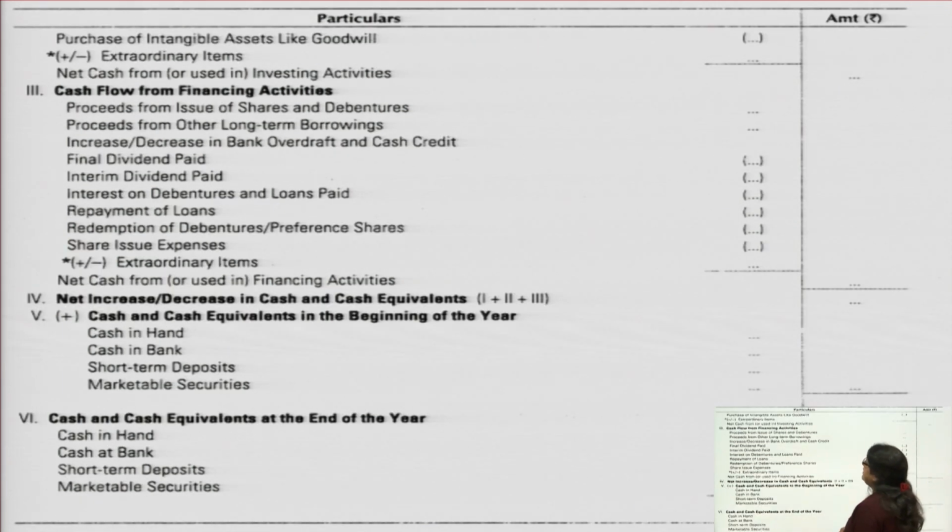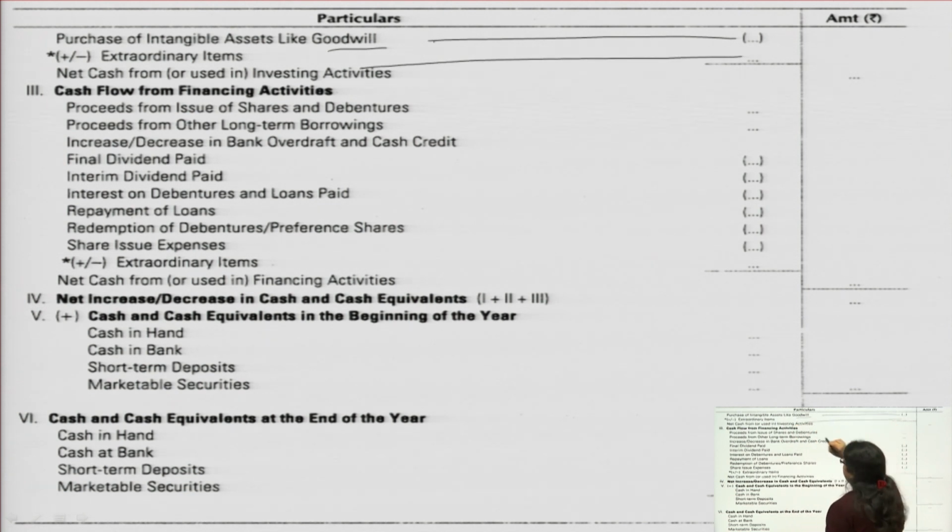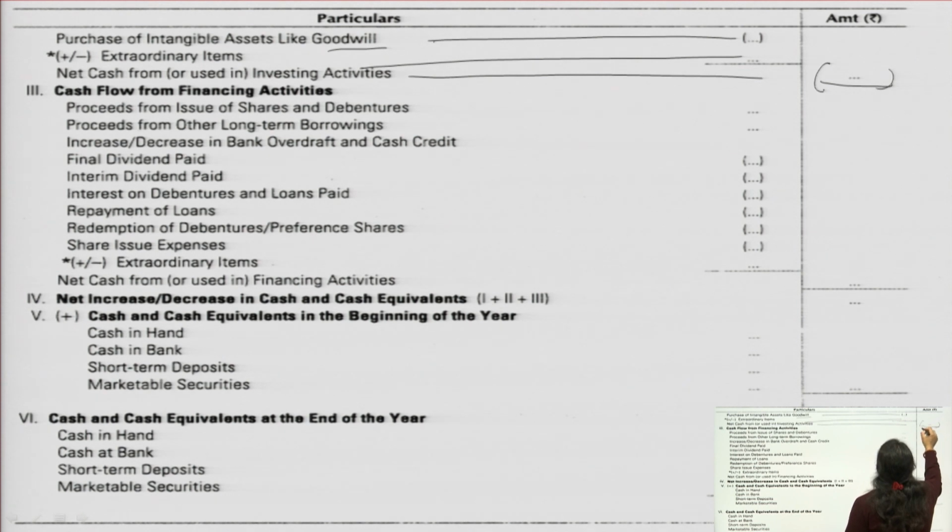The purchase of intangible assets, if there is any, will also be cash outflow, because you are purchasing goodwill, an intangible asset. Now, plus or minus extraordinary items, is there anything? The money which is coming out will be written here and it will be known as the net cash from investing activities.